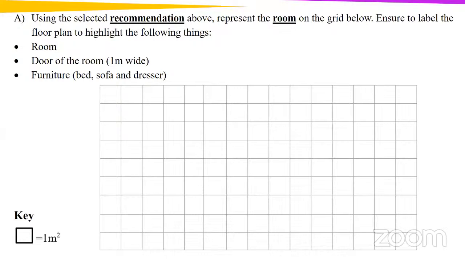Looking at the grid, even though we're not talking about the grid just yet, I just want you to come up with some possible dimensions that we could represent on our grid. Remember our room is a rectangular room with a floor space of 30 square meters. So I want you to give me some possible dimensions.